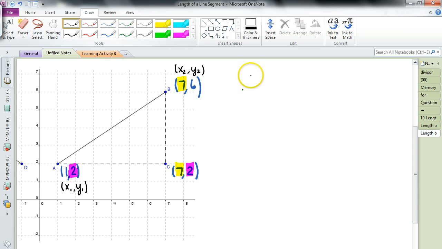So we know to find the horizontal length, we subtracted 7 minus 1. But let's do this in a general form. So first thing I need to do is, what is the point C in terms of my other 2 points? And we see that it is going to be x2, y1.